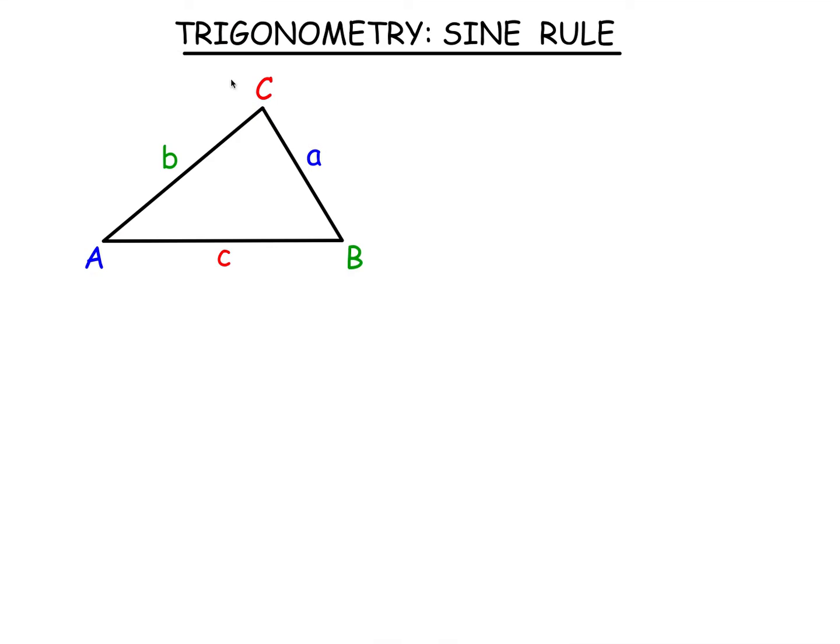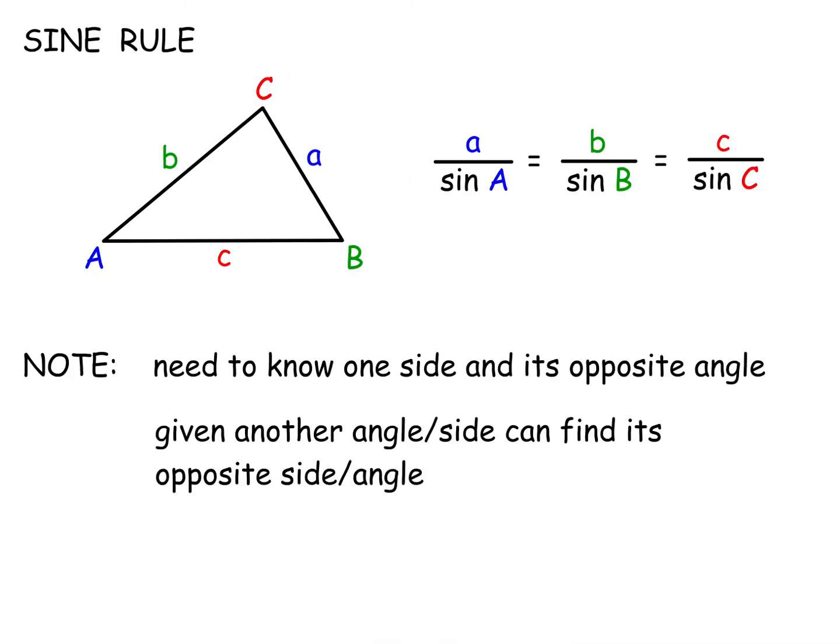That's what you memorise for a triangle ABC. There it is there. So this triangle, there's the ratios. If you know one side and the opposite angle, you can work out the value of the ratio.